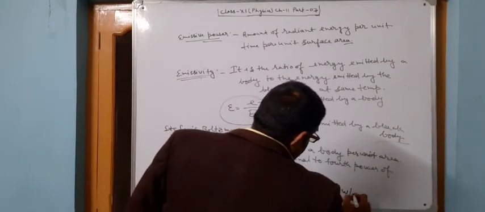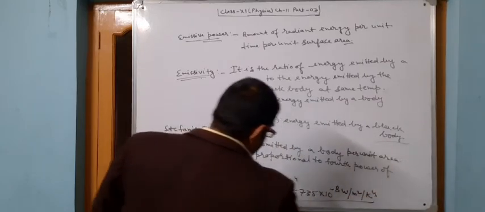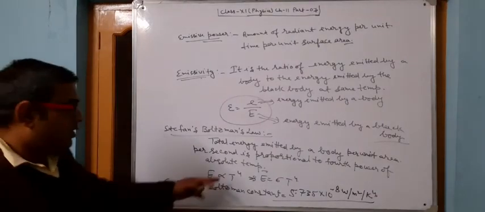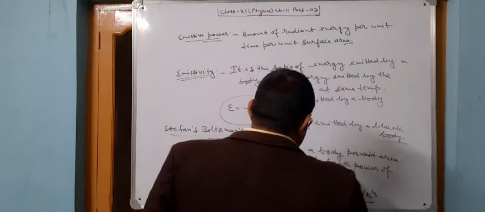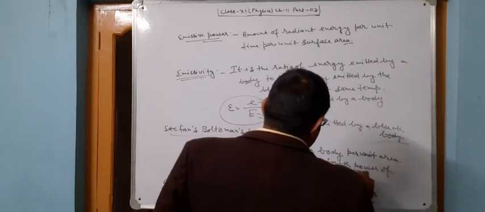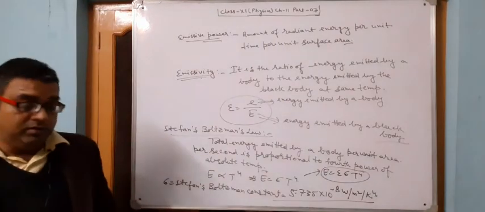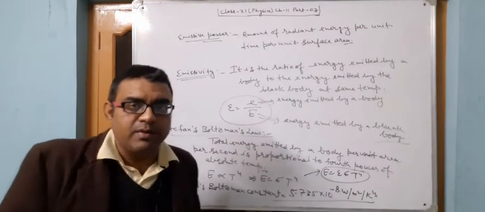Watt per meter square per Kelvin to the power 4. And if it is not a perfectly black body, then it can be written as E equal to emissivity e times sigma T to the power 4.